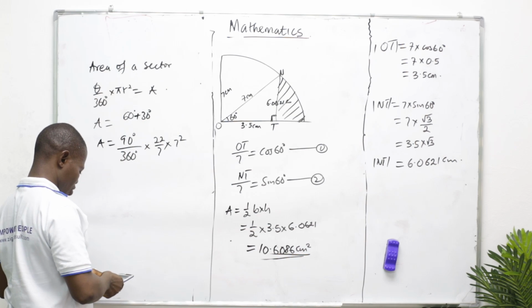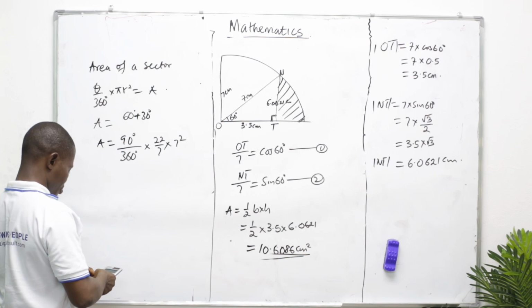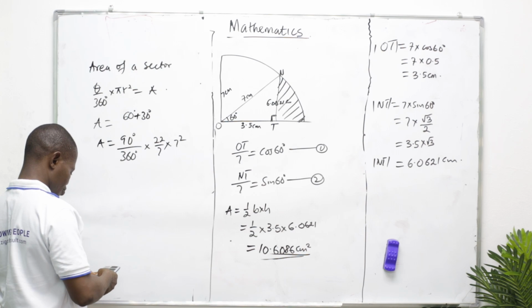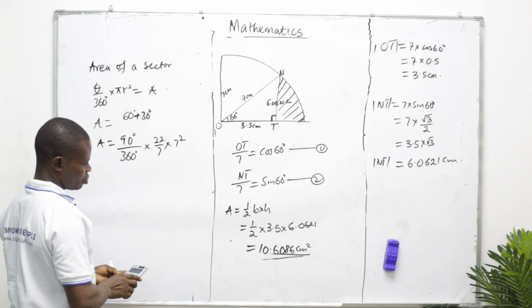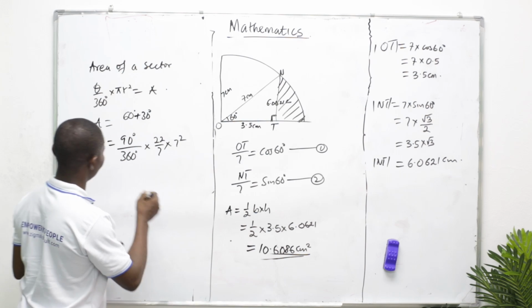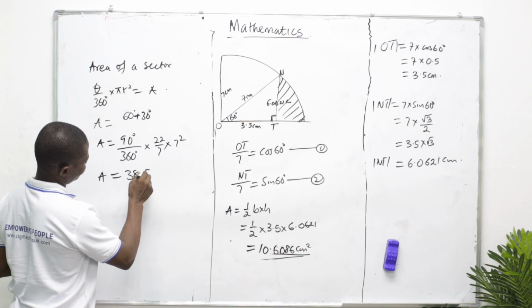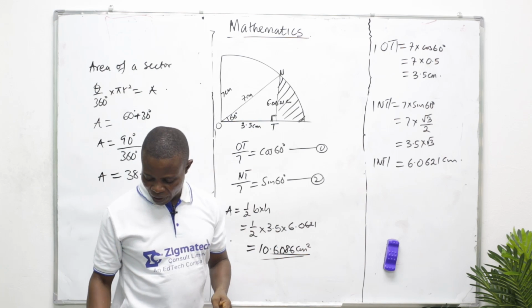90 all over 360 multiplied by 22 multiplied by 49 over 7. That's 38.5.